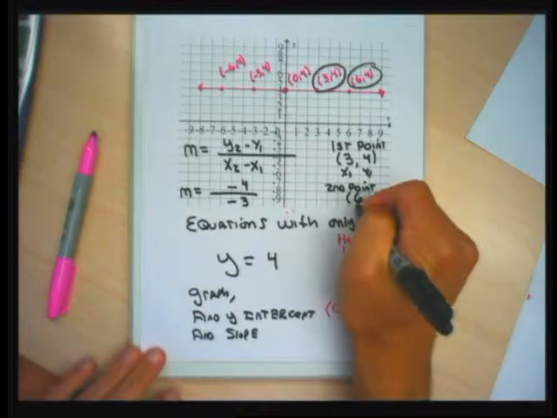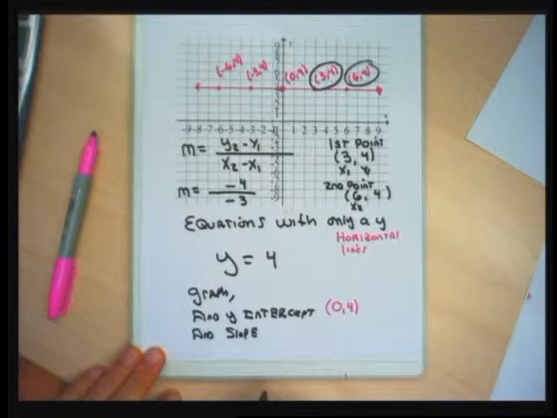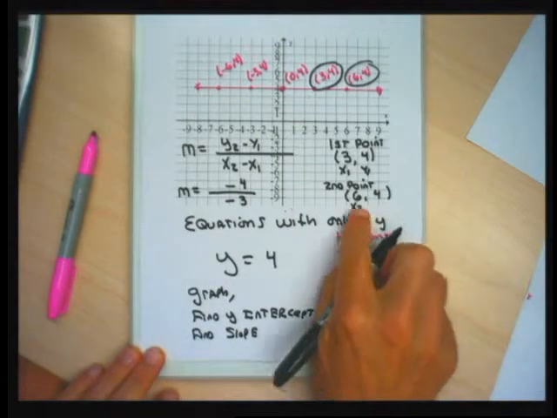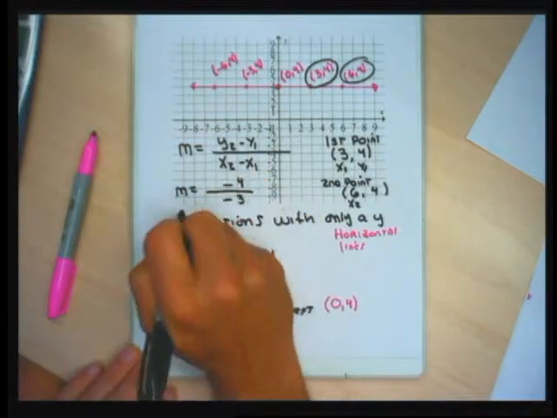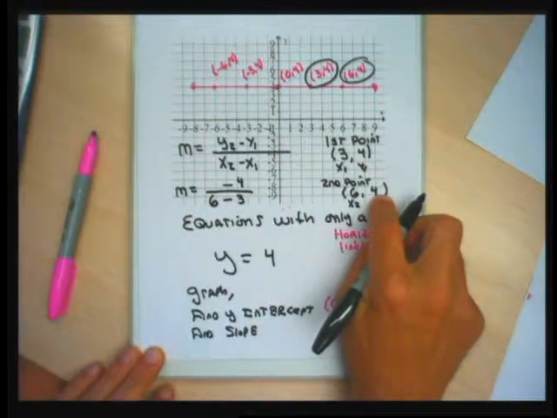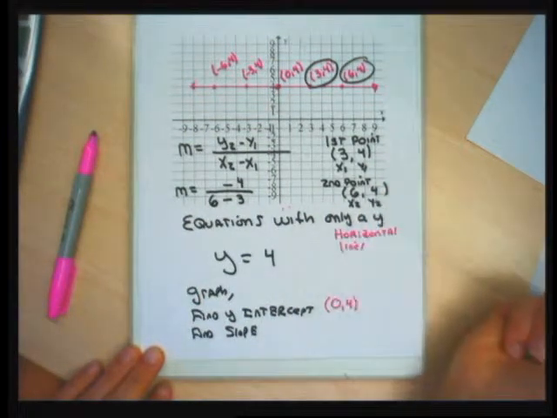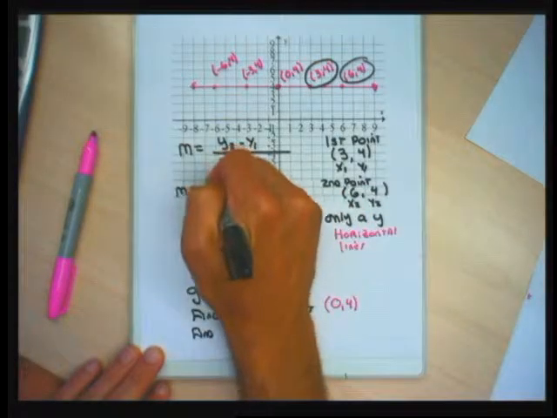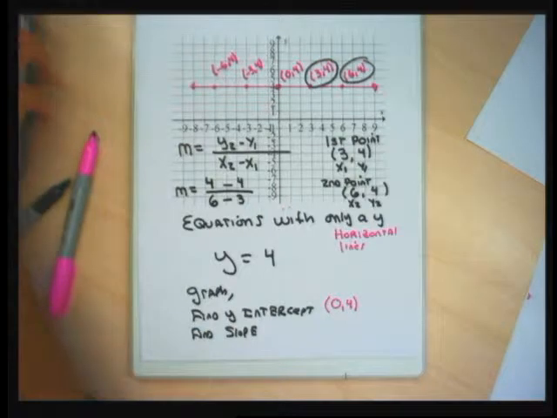Very specifically, the x2 in the formula stands for the x coordinate of the second point that I picked. So in the denominator, where the x2 is to the left of the minus sign, I'm going to put the number 6. In the numerator, I need to put the y2, and the y2 stands for the y coordinate of the second point that I picked, which is 4. I can do this with or without my calculator.